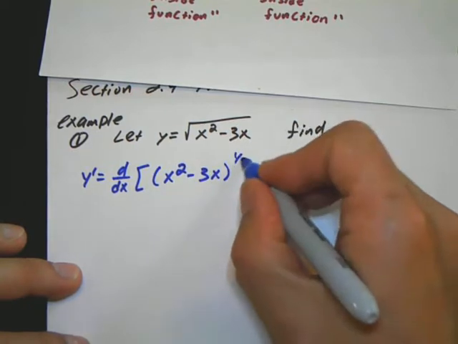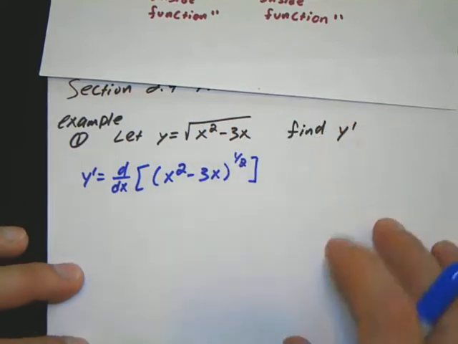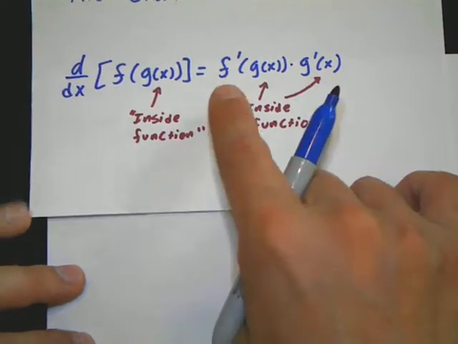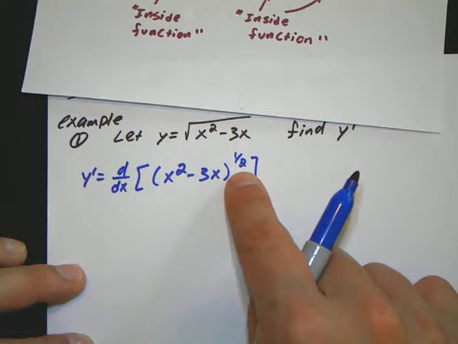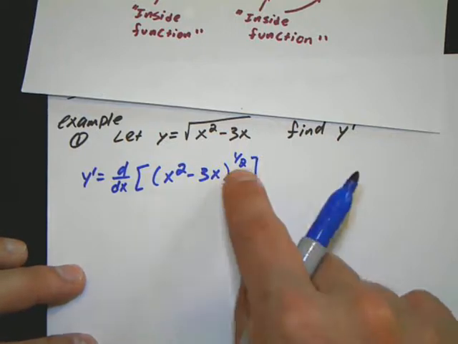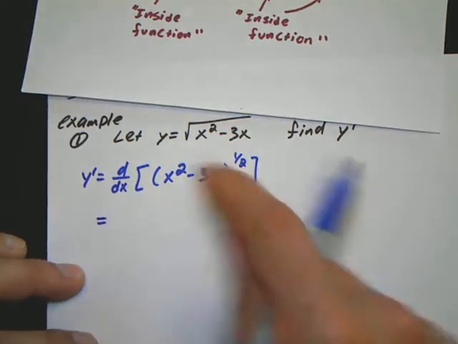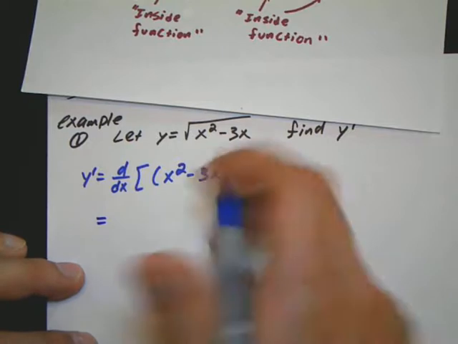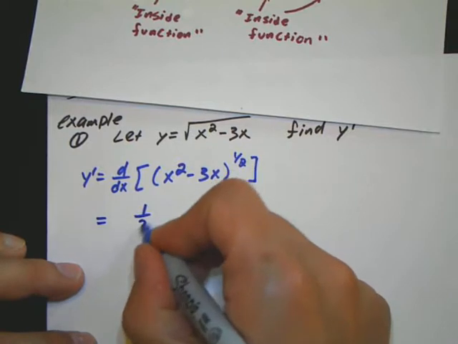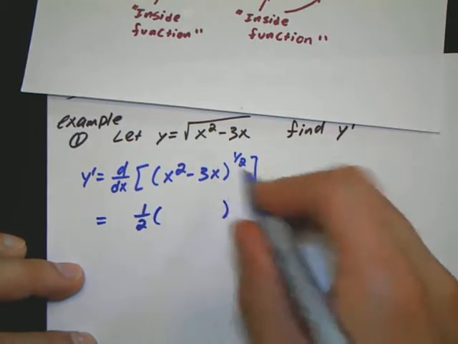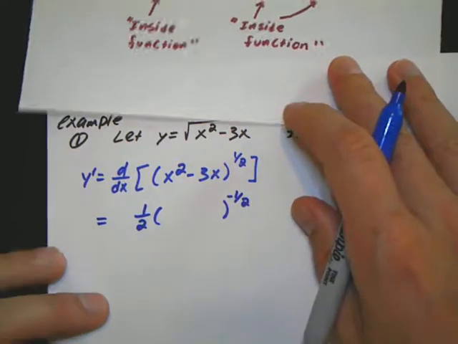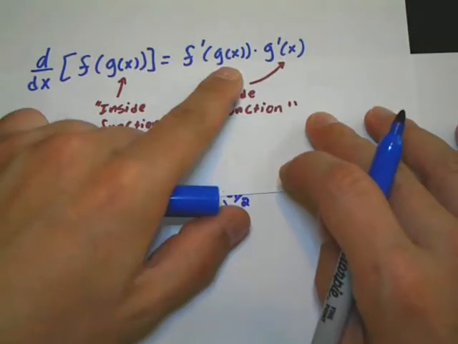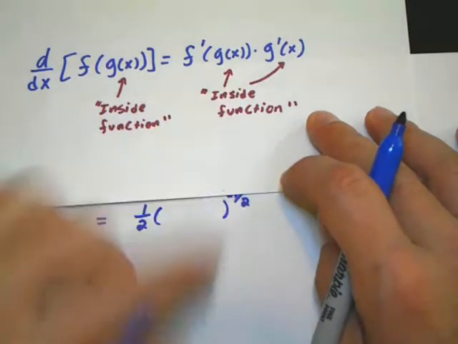And what the chain rule says is first take the outermost derivative. The outermost is being raised to the 1/2. All this is being raised to the 1/2, so I'm going to do the power rule by raising this to the 1/2. And the power rule says you drop the 1/2 in front and you subtract the power by 1, so it's going to be negative 1/2. And then the chain rule says you keep the inside the same, and the inside being x squared minus 3x.